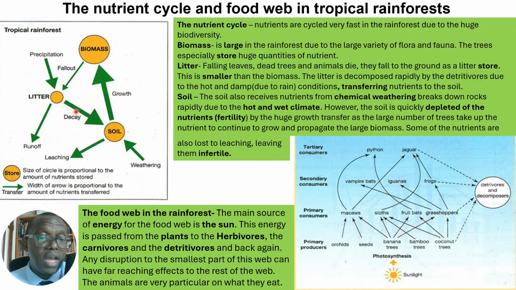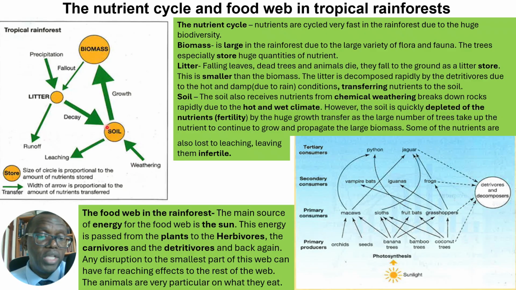Once those nutrients are transferred into the soil, you can see that the soil here is a larger store than the litter because it's receiving a lot of nutrients very quickly due to that rapid decomposition by the detritivores. So the soil then receives those nutrients, and those nutrients will then be taken up into the biomass again to facilitate the growth of that biomass, because we know that the plants require those nutrients from the soil.